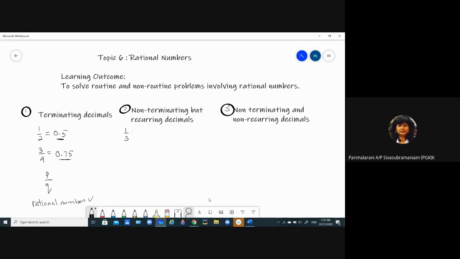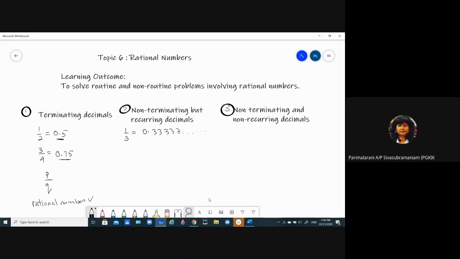Example, 1 over 3 is equal to 0.33333 and so on. The 3 doesn't stop, it continues. Therefore, it is known as non-terminating. But if you look at the digits here, they are all repeating, recurring: 3, again 3, again 3.